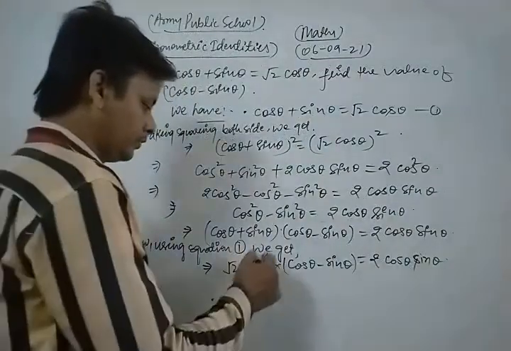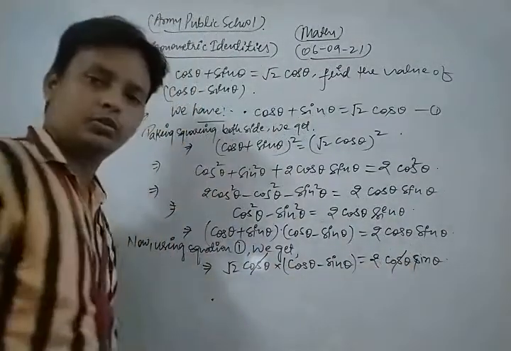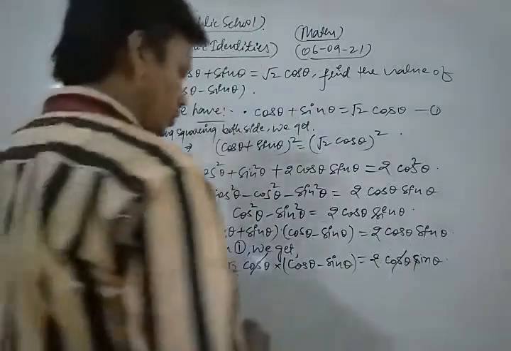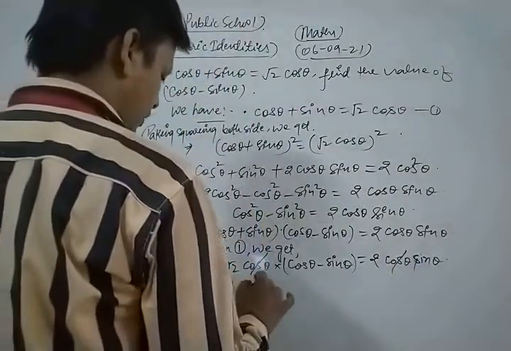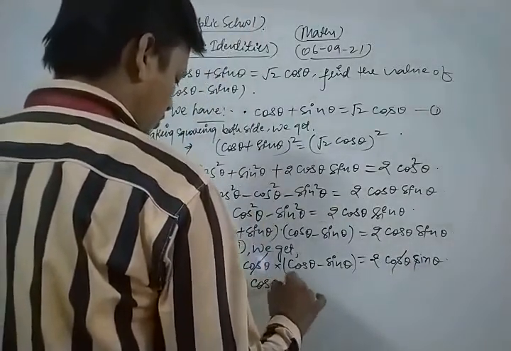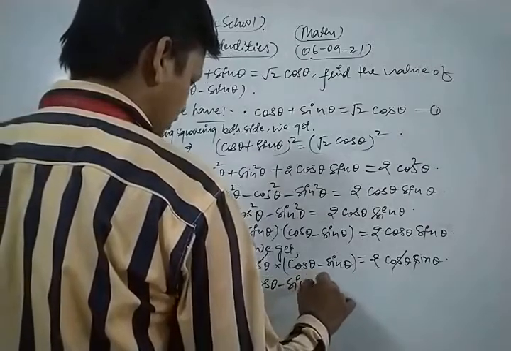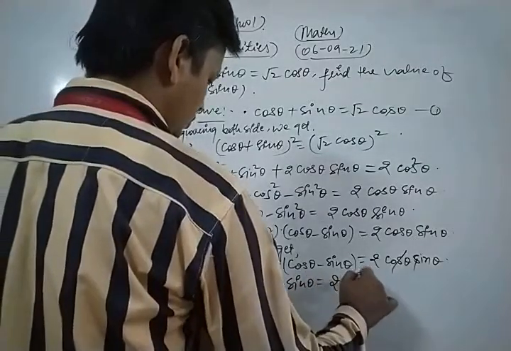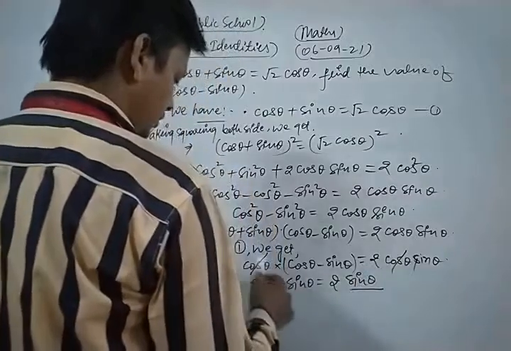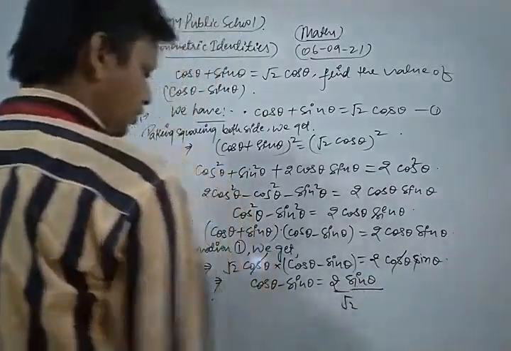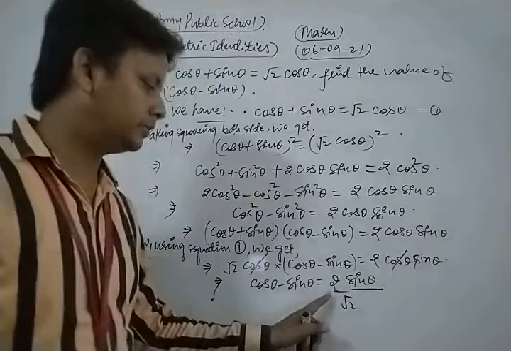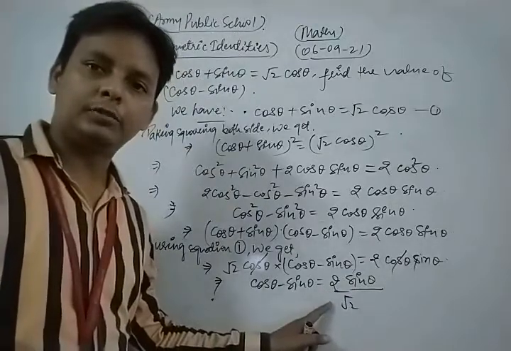Now look, cos theta is cancelled on both sides, so we get the value of cos theta minus sin theta equal to 2 sin theta upon under root 2. Now we multiply both the numerator and denominator by under root 2.